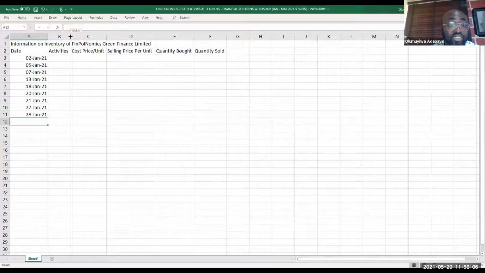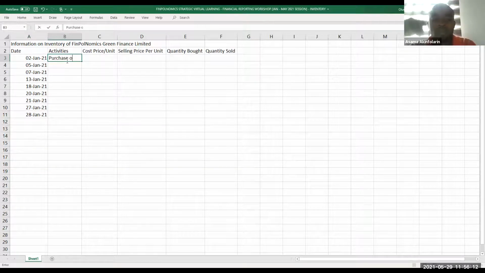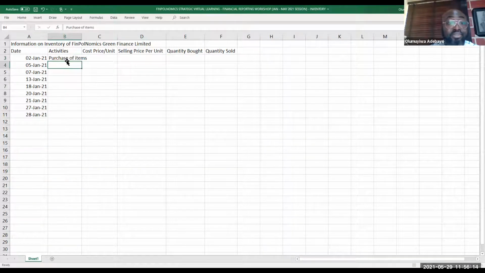Now the activities are as follows. Purchase of items.